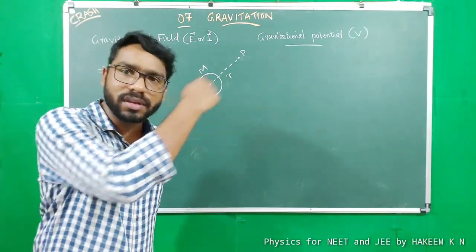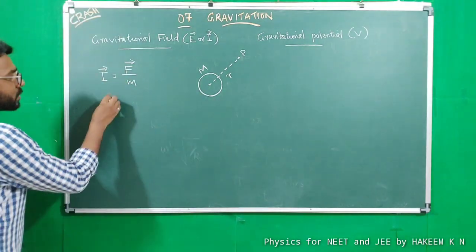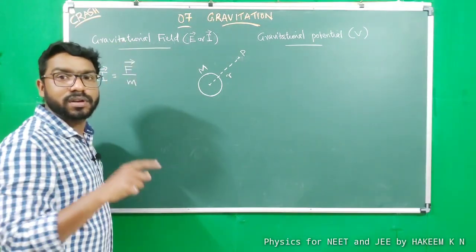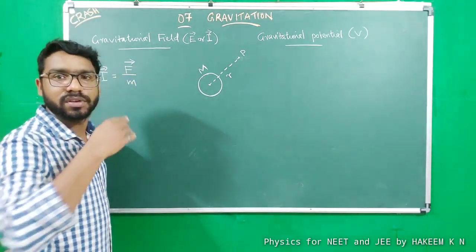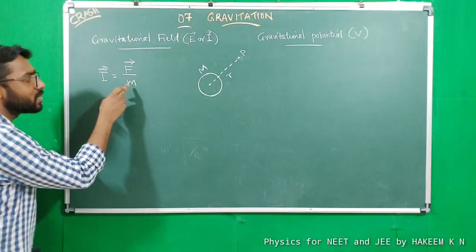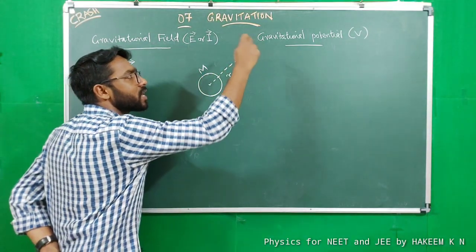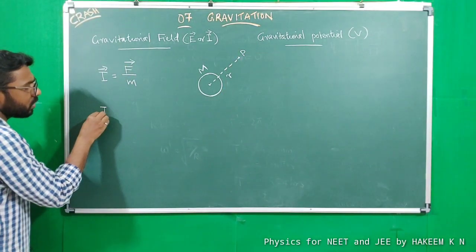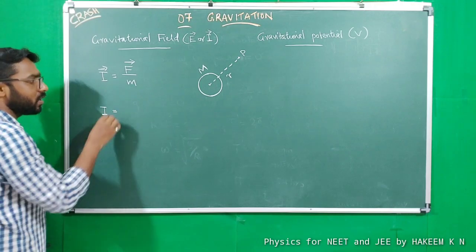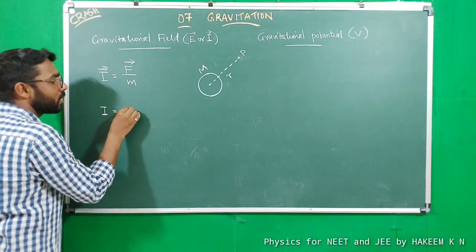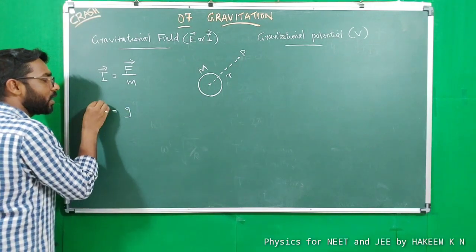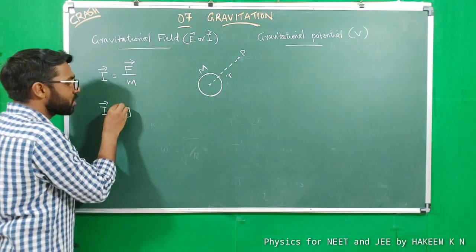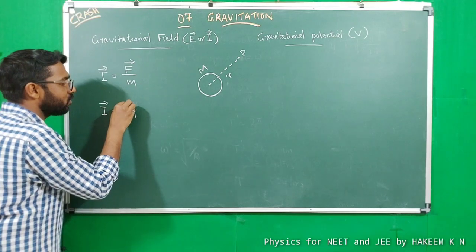F by m is actually the acceleration due to gravity, force by mass, where small m is the mass we are assuming at point P. So gravitational field intensity I equals g, the acceleration due to gravity. Here we consider only the magnitude of g.